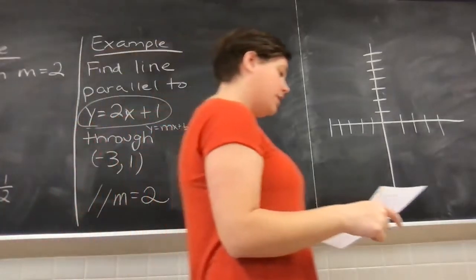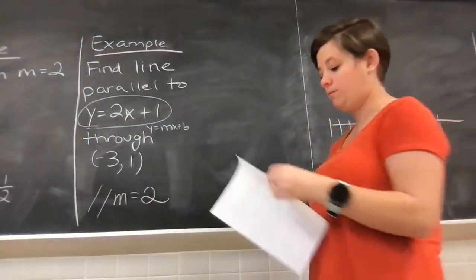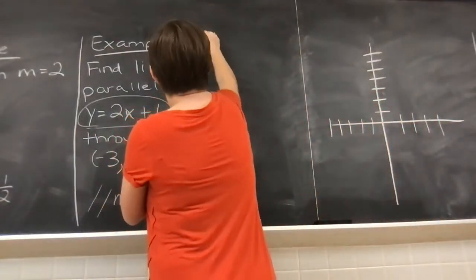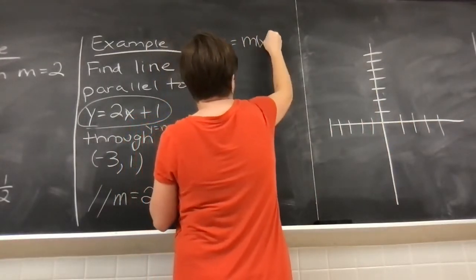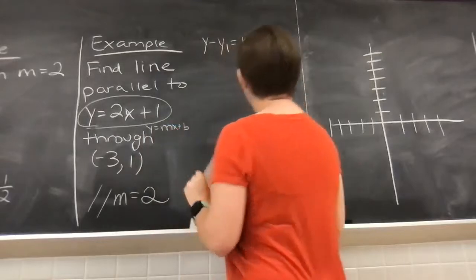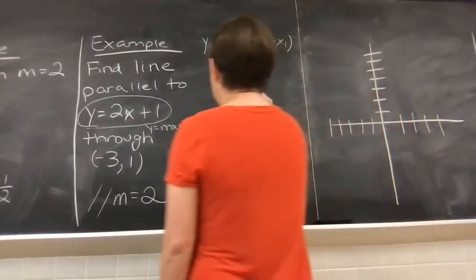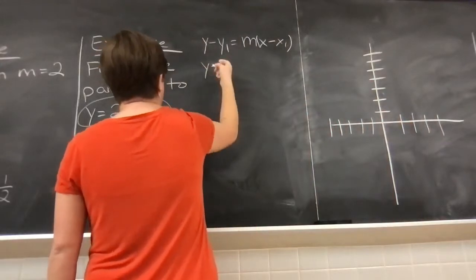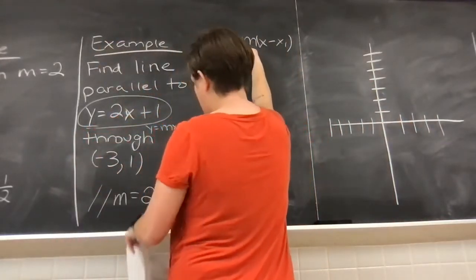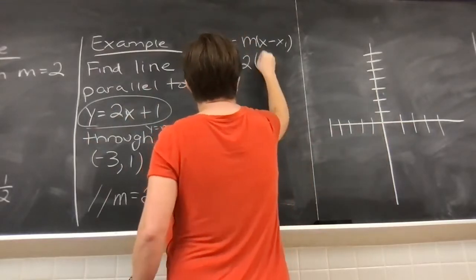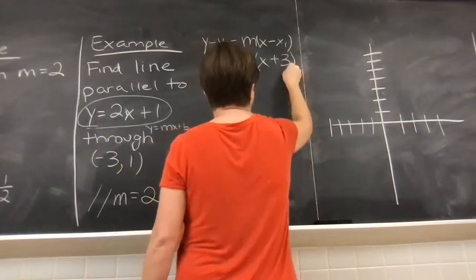From 2.3, I'm hoping you'll remember a special equation called the point slope form. Point slope form was y minus y1 equals m times x minus x1. Hopefully you remember that because it was just the other day. So we have y minus, and then our y1, that's our point, we have 1, equals our new slope, which is 2, times x minus x1, which is -3, so that becomes a +3 in there.